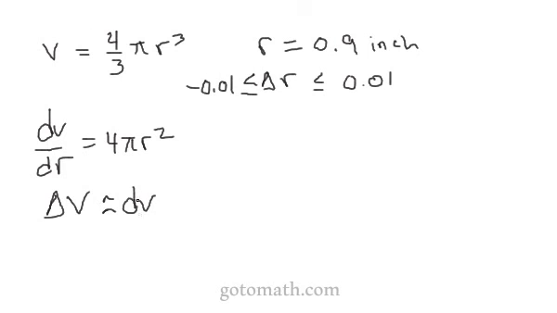Remember what dV is. We take the dr and bring it up to the top, so this is equal to 4 pi r squared dr. And now what we're going to do is simply plug our numbers in.